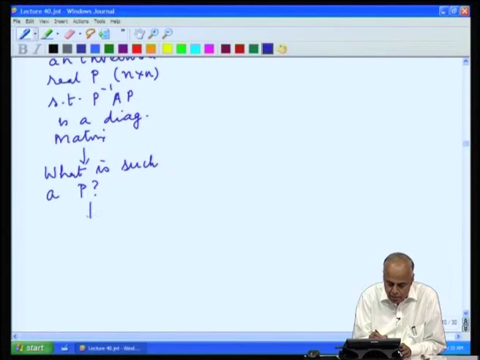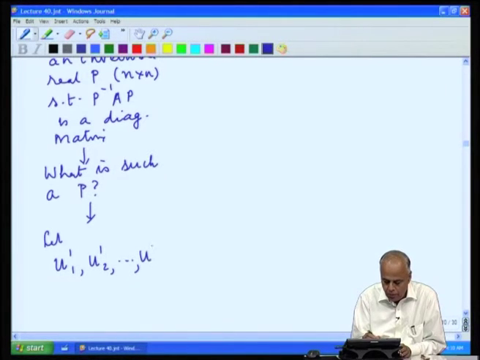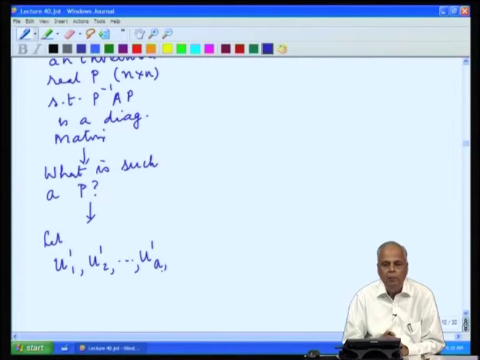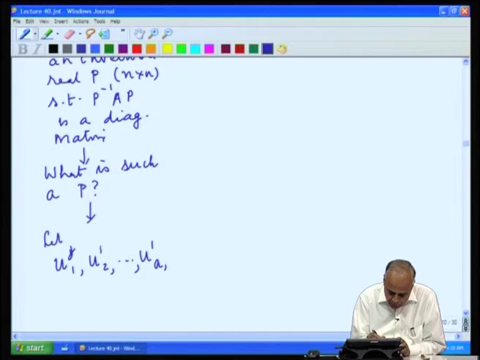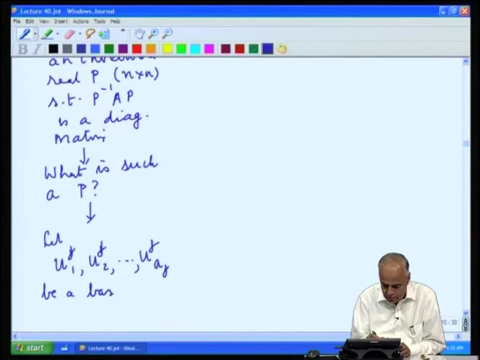And the answer was as follows: let u11, u12, etc., u1a1 be a basis for W1. So, in general let uj1, uj2, ..., ujaj be a basis for Wj.